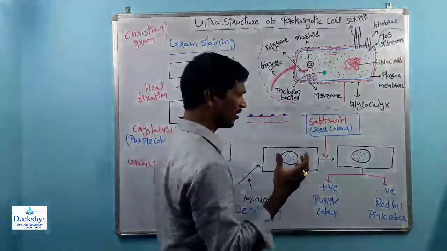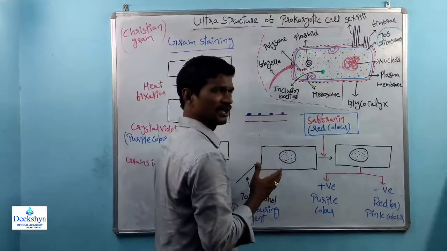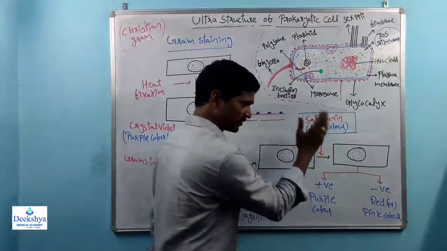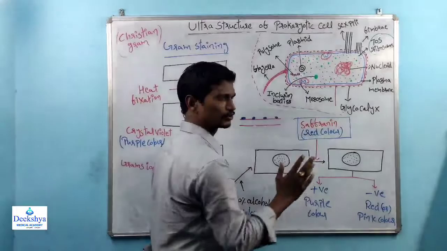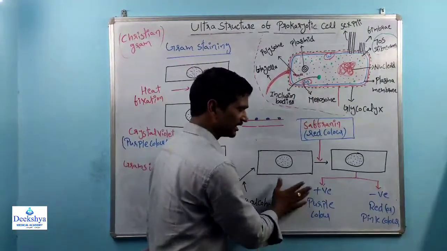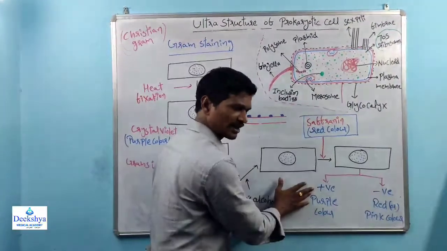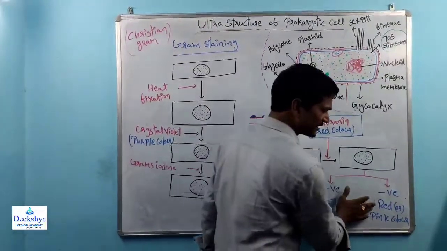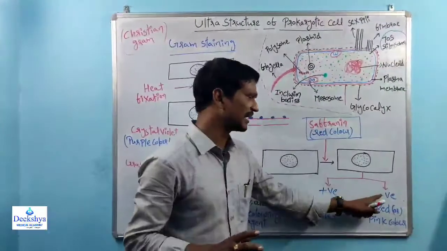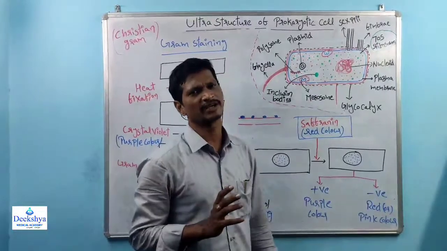So after the addition of safranin and the washing process, if the slide is observed under the microscope, if the bacteria cells exhibit purple color, they are called gram-positive bacteria. If the bacteria exhibit red or pink color, they are called gram-negative bacteria.